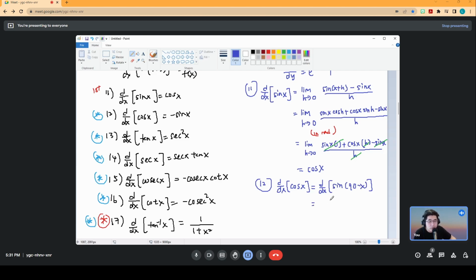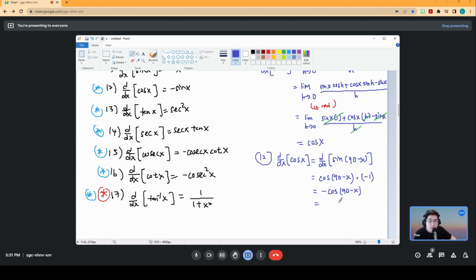So the derivative of the outside, sine, equals cos, times the derivative of the inside, 90 minus x, which gives a minus 1. Therefore, we get a negative of cos of (90 minus x). If we go back to P1 again, cos of (90 minus x) is exactly sine, so negative sine x. Therefore, number 12, the derivative of cos goes to negative sine.